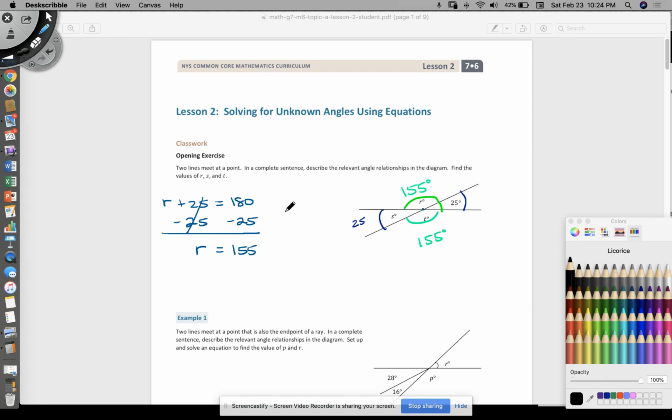So it says to describe the situation here, we're going to say that angle 25 and angle S are equal to each other because they are vertical angles.